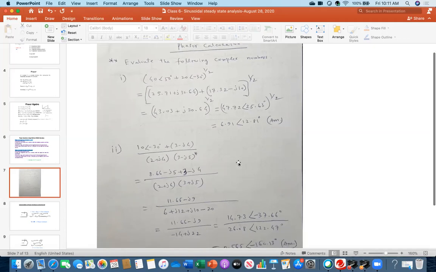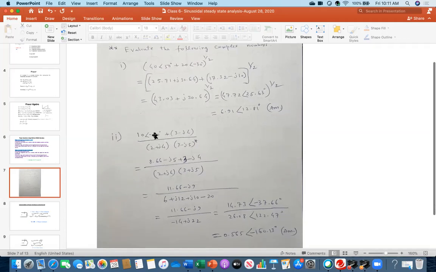Then the second problem has a numerator and a denominator. In the numerator, I have 10 at an angle of minus 30 degrees plus, in parenthesis, 3 minus j4. In the denominator, 2 plus j4 multiplied by the complex conjugate of 3 minus j5. This means in the denominator, only for this part you have to take the complex conjugate, not this one, only this one.